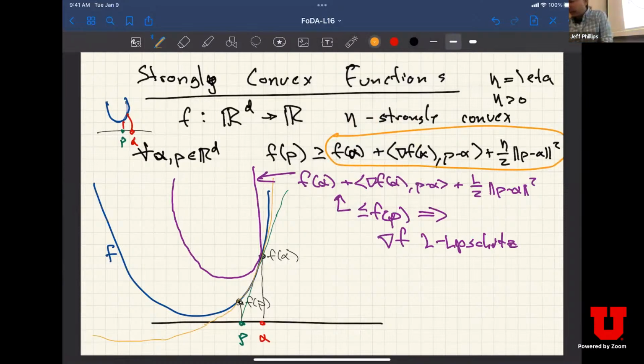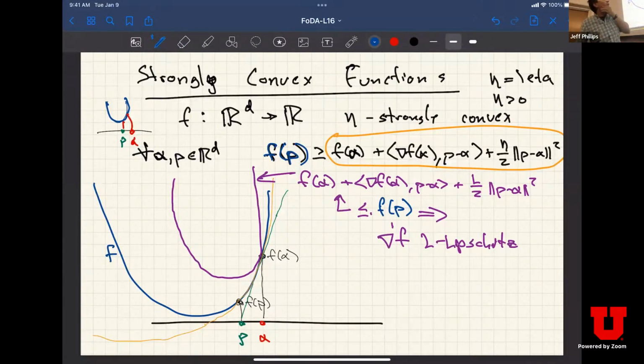Let me write this in blue here. This is f of p. Right, so f of p is less than the purple function.